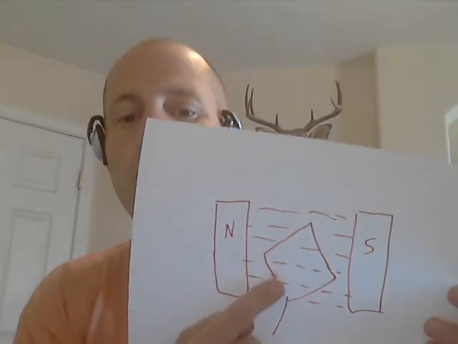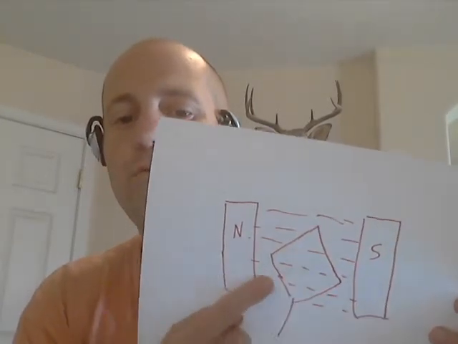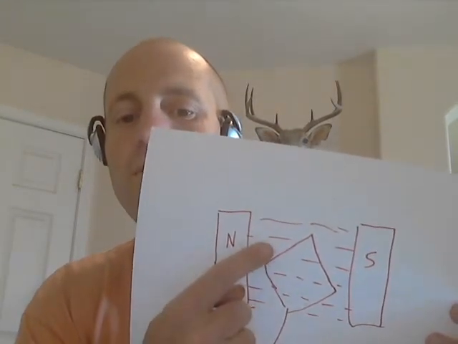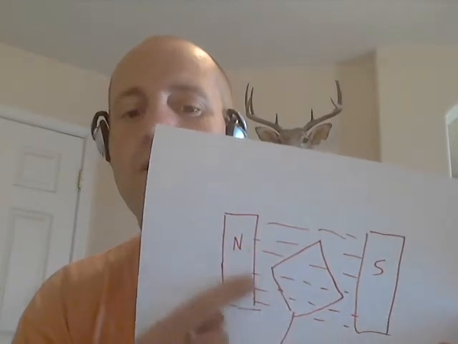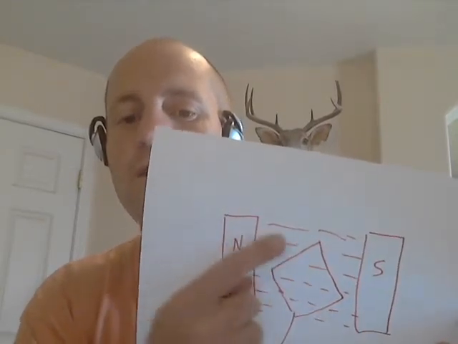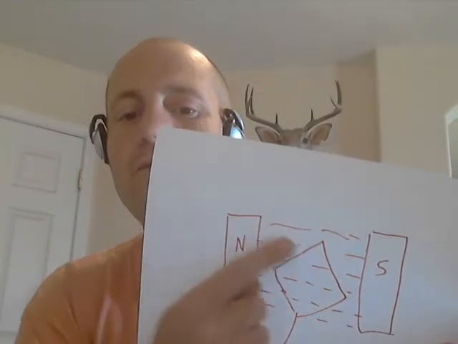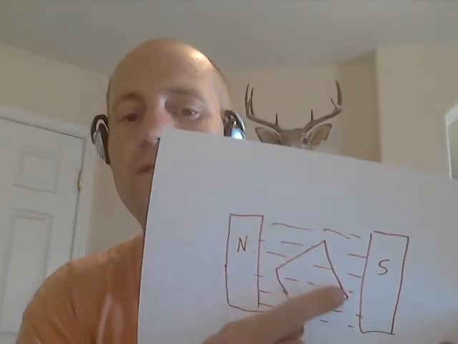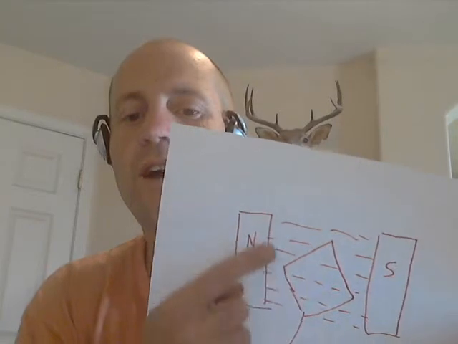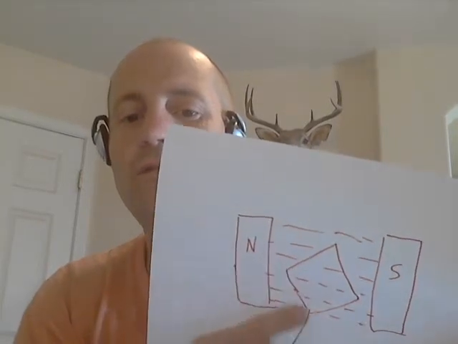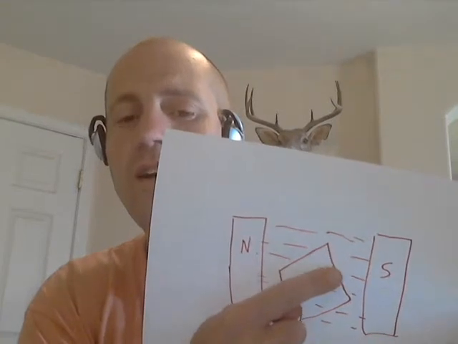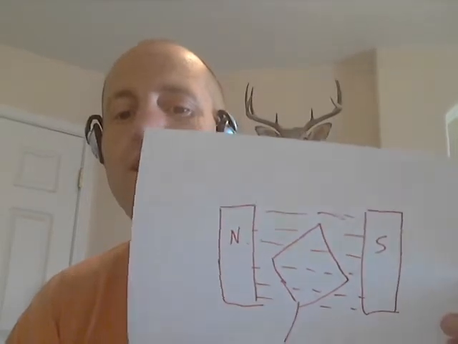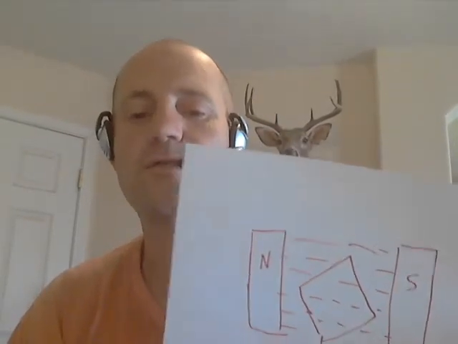If we put a conductor inside of this, and let's say this loop of wire here is our conductor, and we cause the loop of wire to spin around inside of this magnetic field, we're going to generate a voltage that is changing its polarity with each revolution. Actually, it's going to change polarity twice with each cycle, or each complete revolution of the conductor inside of this magnetic field.